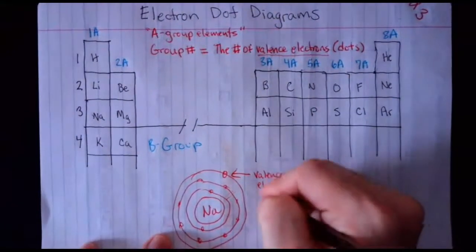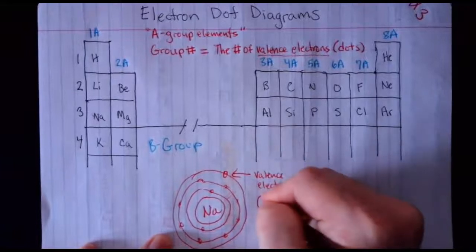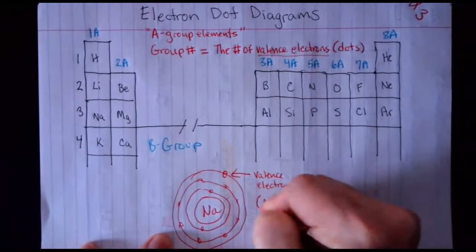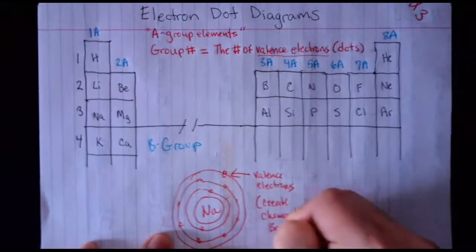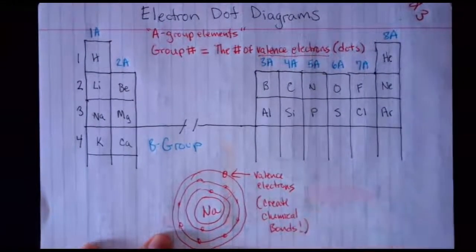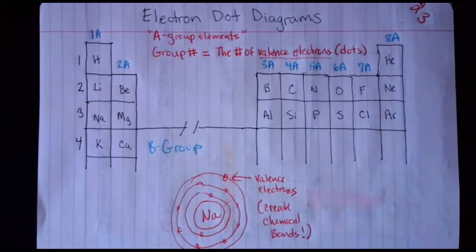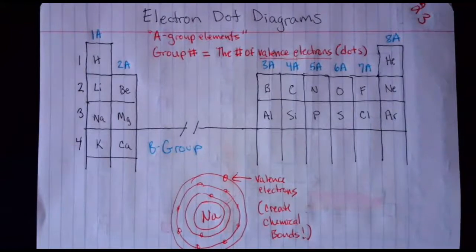All right, so valence electrons, they create chemical bonds. All right, that's why they're important. That's why we're looking at these dot diagrams, okay? Because you're going to use these dot diagrams when we come back to predict the formation of chemical compounds.